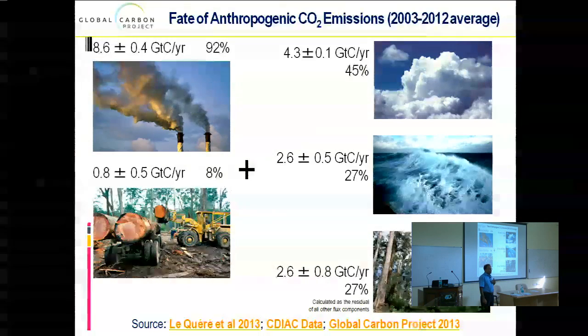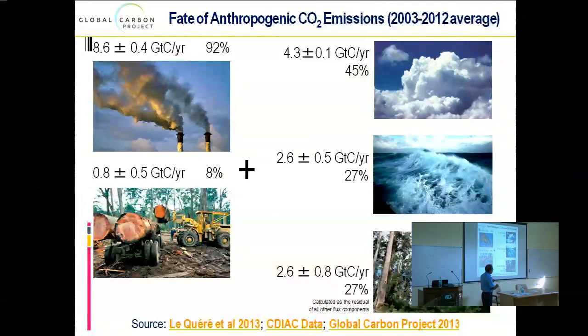In this case, the airborne fraction is 0.45, so 45% basically stays in the atmosphere. This is a very simple rule of thumb that nearly 50% of our emissions will stay in the atmosphere for at least the near multiple decades.